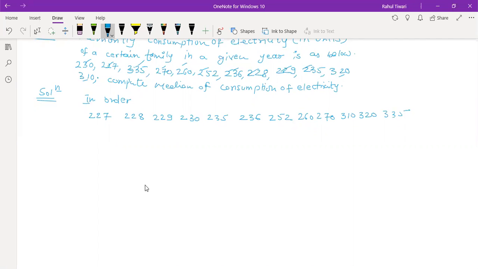Correct? So you can count how many observations there are: 4, 6, 8, 10, 12. So we are getting n equal to 12, right? So I will write down these observations below it, in order only.